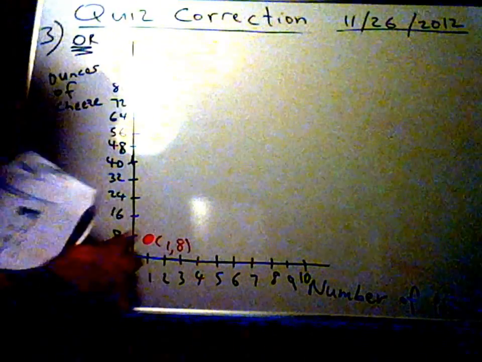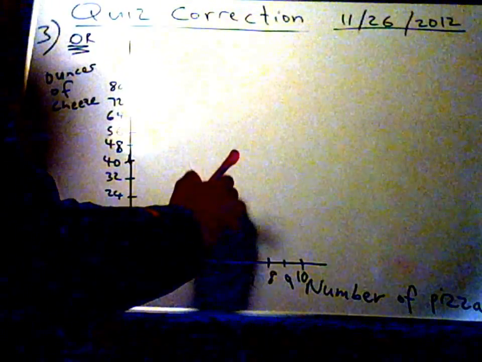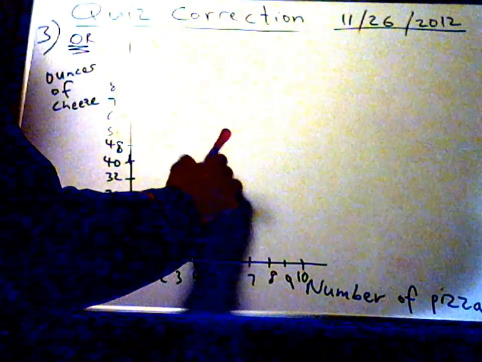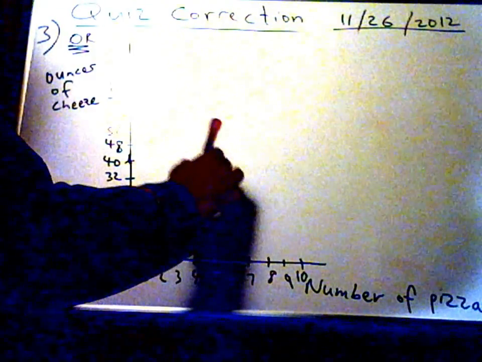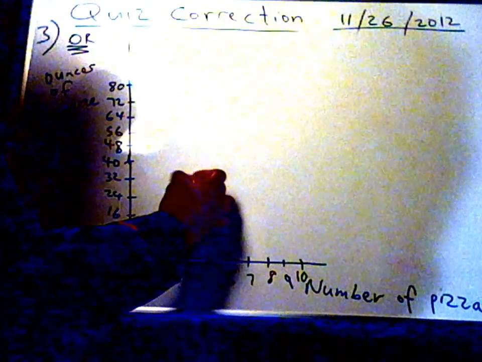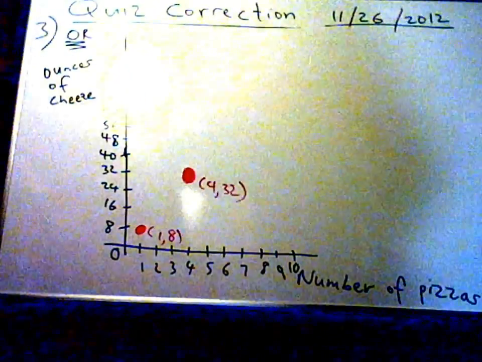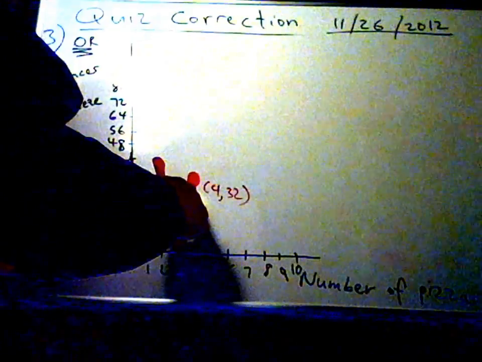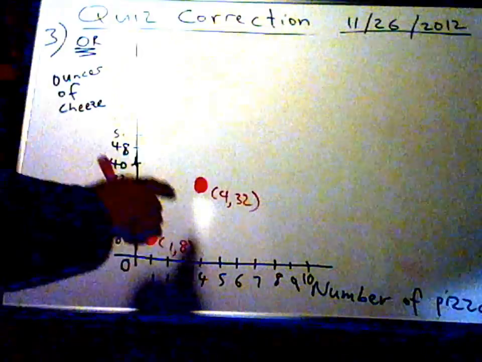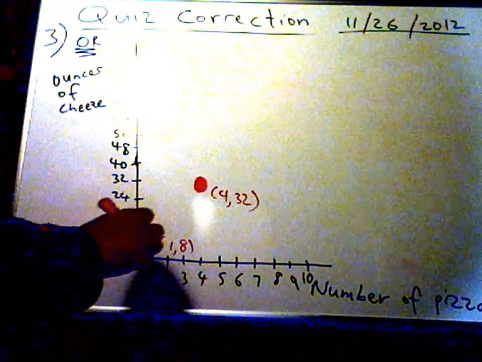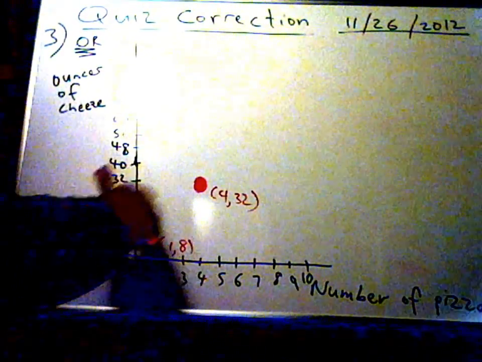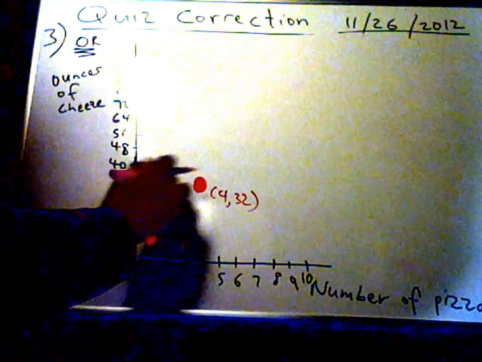We're also given the point (4, 32), somewhere around here. Again, 4 pizzas need 32 ounces. See that?